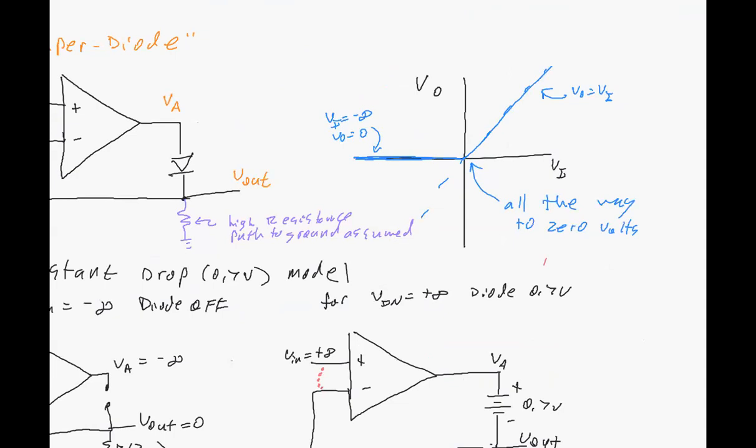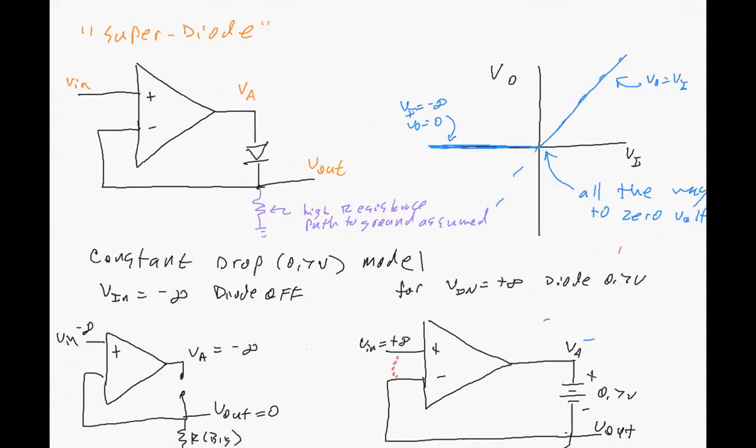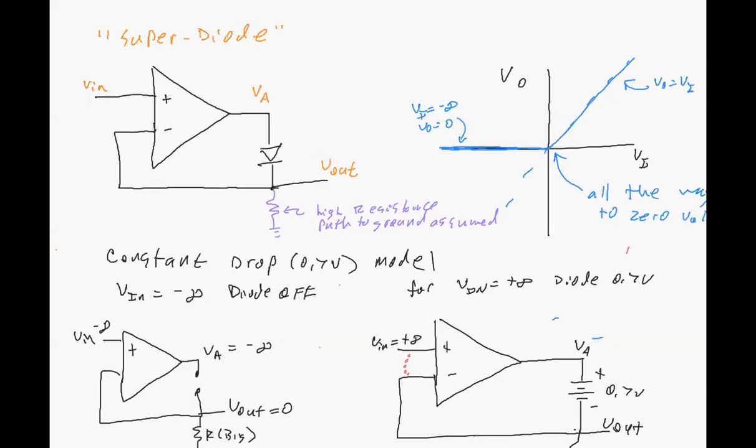Just as if we were using the ideal model for this diode, putting this op-amp with feedback in there will cause it to follow perfectly. In fact, VA will be exactly 0.7 volts above this node here, and so I could draw that in. The difference between those two would be 0.7 volts.